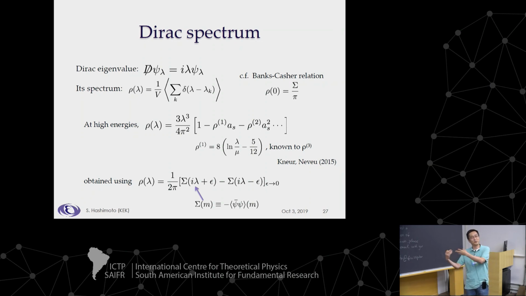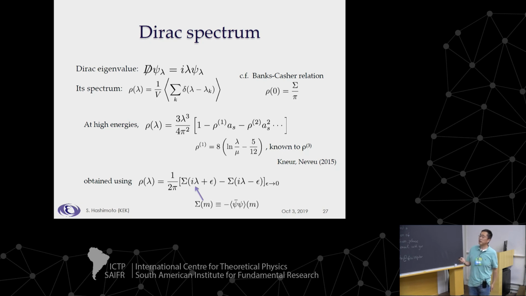That's completely different from the previous one, which was the vector and axial vector density of states. But here is the density of the eigenvalues. The very famous relation about this is the Banks-Casher relation, that relates the spectral density at 0 to the chiral condensate. Another well-known fact is that at high energies, the spectral function behaves as lambda cubed in a four-dimensional theory.